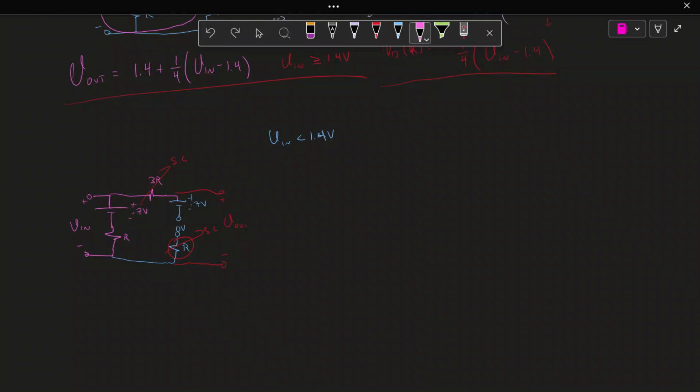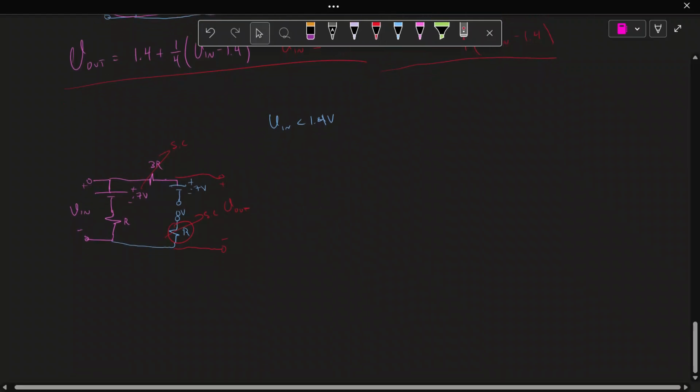Now, you might be asking, why don't you take this loop here, and it's 0.7 always, right? Because if you're between 0.7 and 1.4, this diode will be turned on. Well, that isn't the case. I'm actually going to do a video of this circuit built out and show y'all that isn't true.